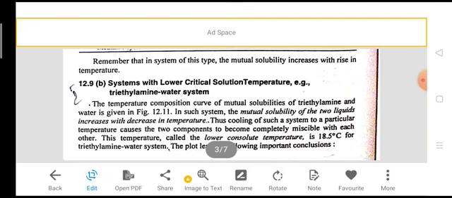If we add equal amounts of triethylamine and water, then two layers are obtained. As discussed earlier in the phenol water system, here also, if equal amounts of triethylamine and water are mixed with each other, we find that there are two layers.